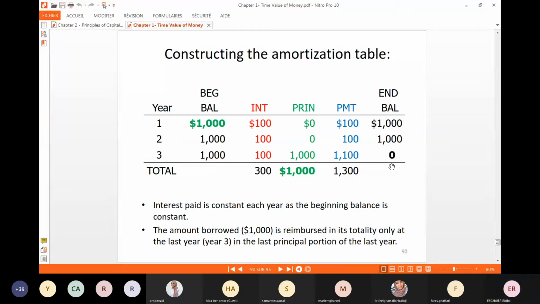Now, the question is, what is the best alternative for us?